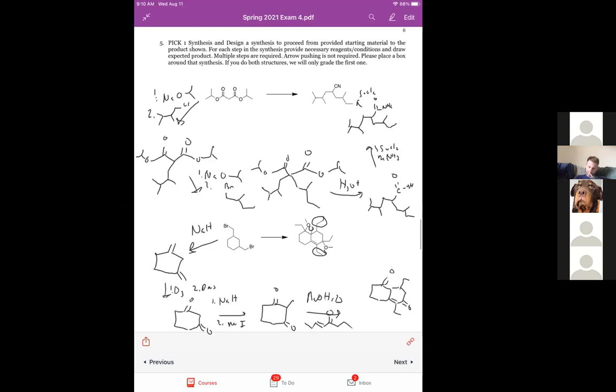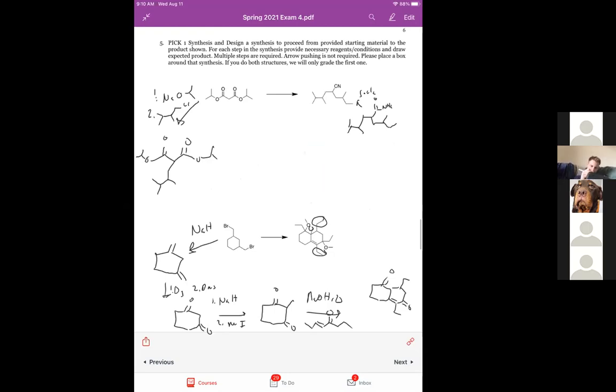From this point, yeah, this is tough. We could do a cuprate addition, add these methyls in.